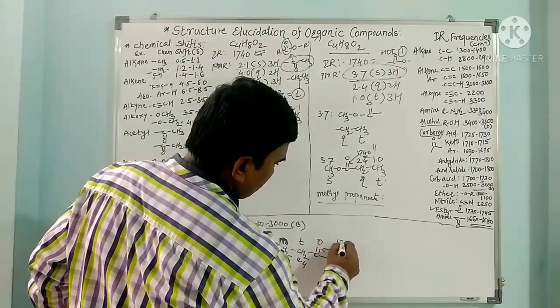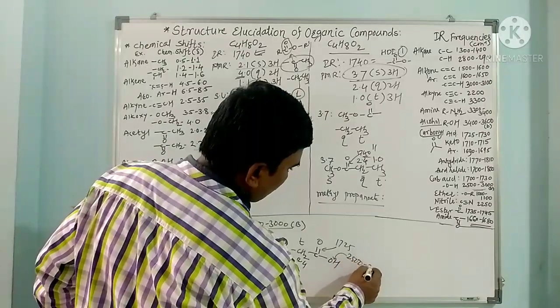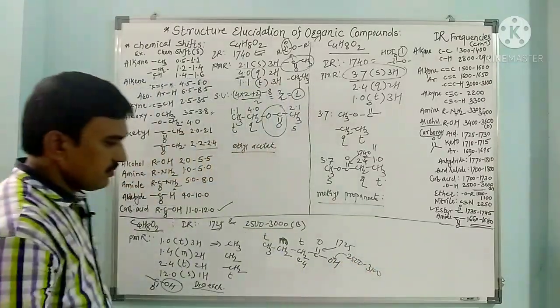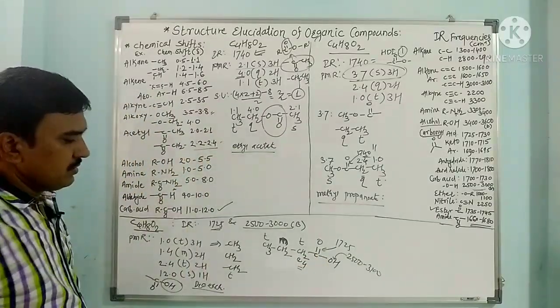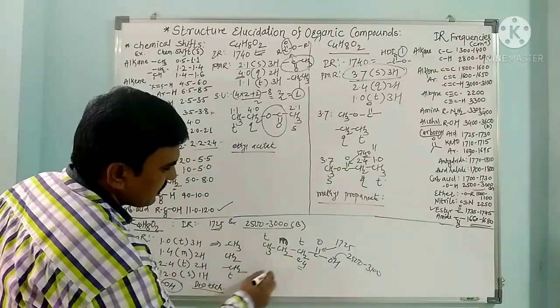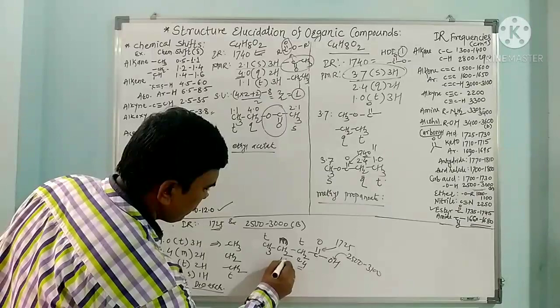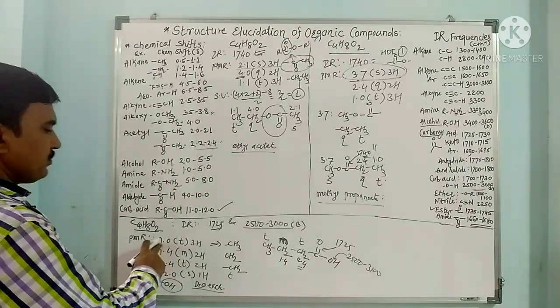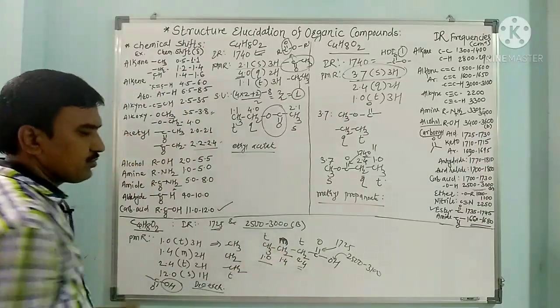So here it is 1725, here it is 2500 to 3100; here it is 2.4 because it is attached to carbonyl; here the CH2 gives a multiplet because it is attached to CH3 and CH2, with chemical shift 1.4; and here the chemical shift is 1.0, giving a triplet because it is attached to CH2.